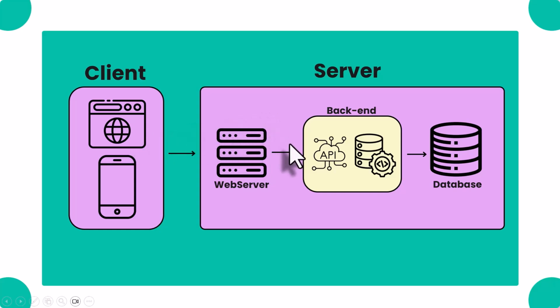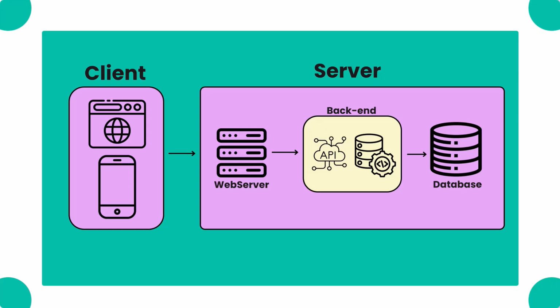The web server is responsible for getting HTTP requests from the client, sharing them with the backend, and once the backend has processed those requests and created a response, the web server takes these responses from the backend and delivers them to the client. And the backend itself is the main application, the place where all business logic and all the business rules stay.